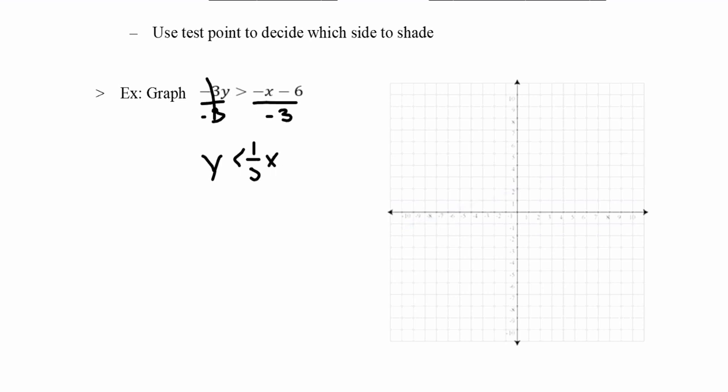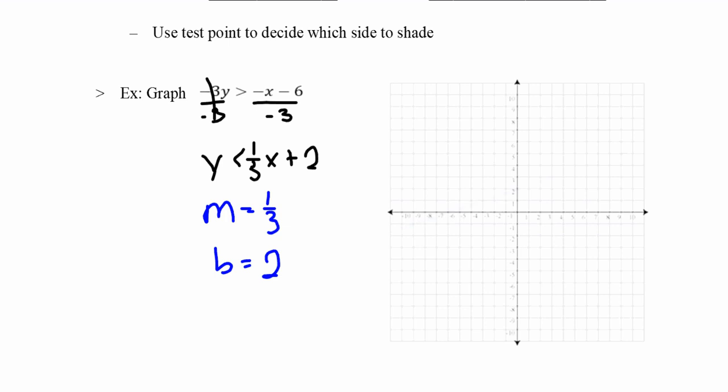And -6 divided by -3 also is going to be a positive 2. So I've got y is less than 1/3 x plus 2, which is now in y equals mx plus b form. So I can look at this and say my slope is positive 1/3 and my y-intercept is positive 2.